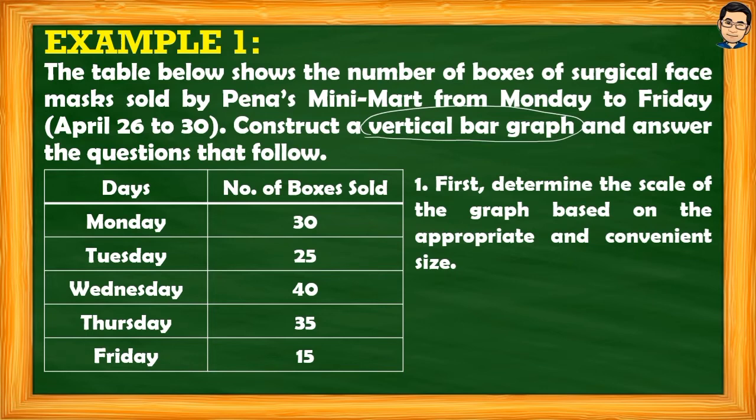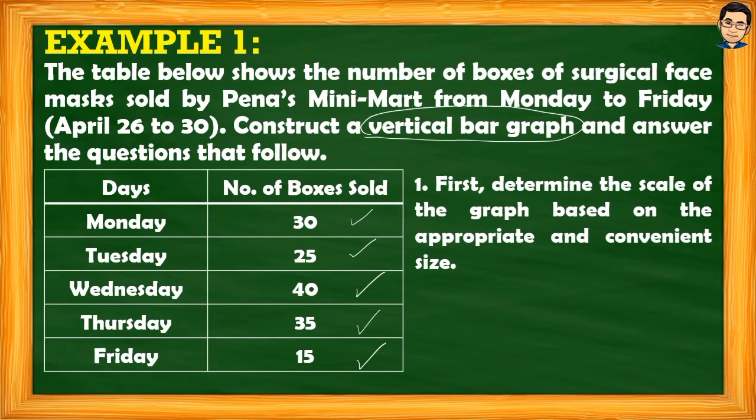So, i-analyze natin yung ating given data. On Monday, 30 ang nasold, ang nabenta. Tuesday, 25, Wednesday, 40, then Thursday, 35. Friday naman, 15. So, ayan, as you can see, yung mga boxes na sold ay nag-e-end sa 0 and 5.